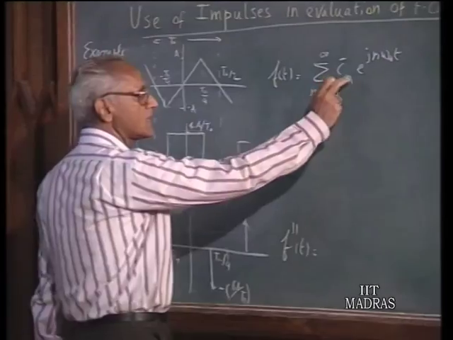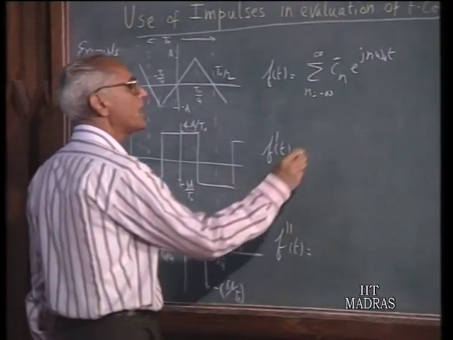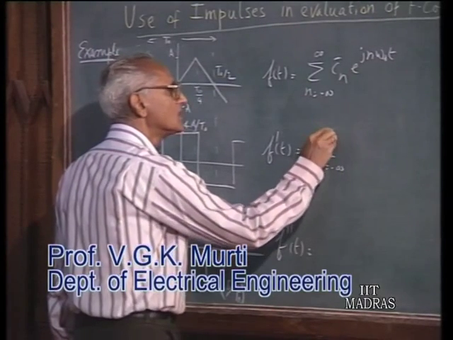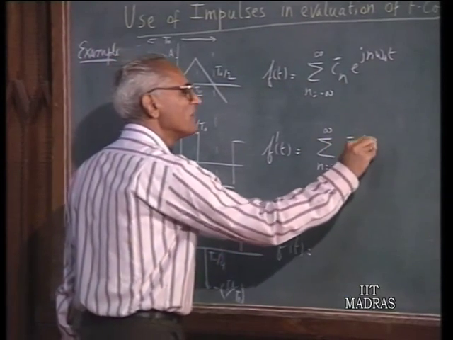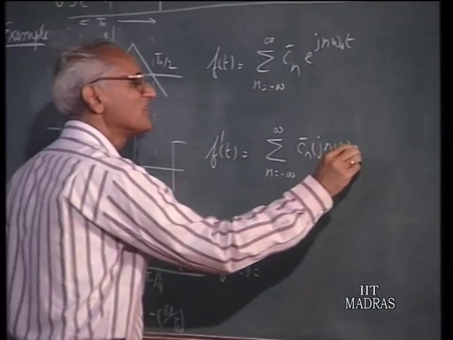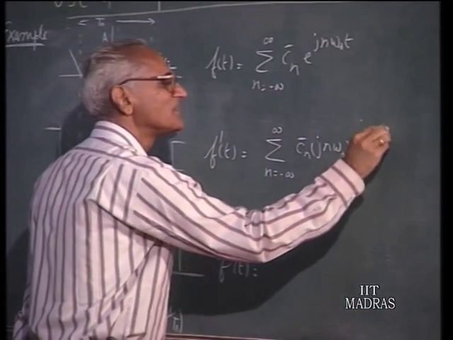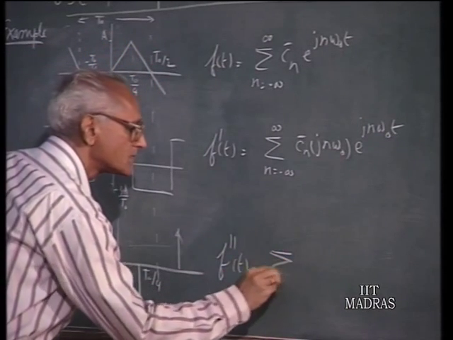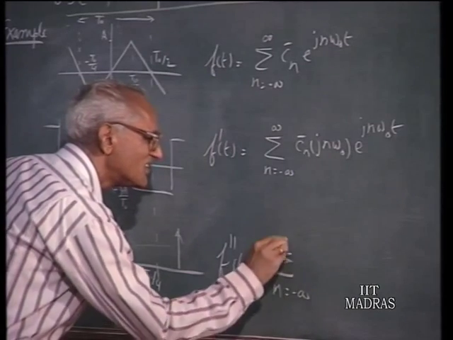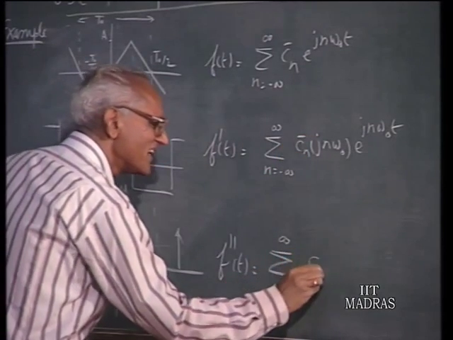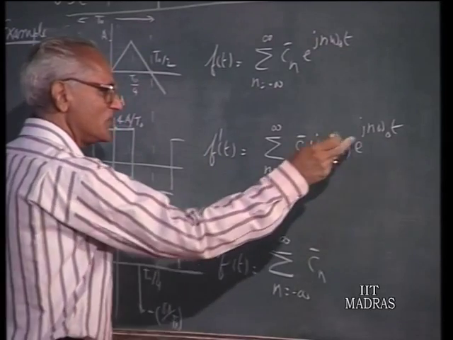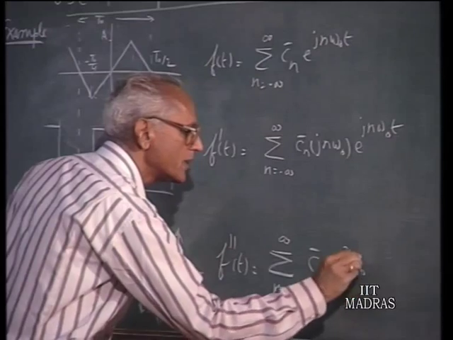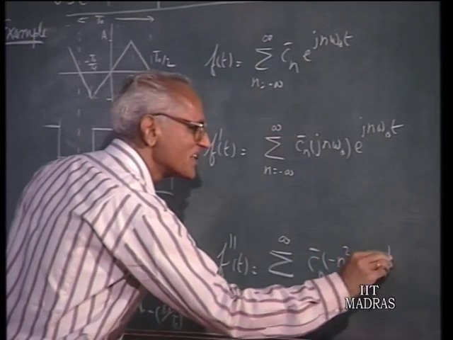So if f t has this Fourier series, f prime t, assuming that we can differentiate under the summation sign, will be Cn Jn omega naught e to the power of Jn omega naught t. If we differentiate again, it will be Cn, again derivative of this. So you multiply with another Jn omega naught, so it will be Cn times minus n squared omega naught squared e to the power of Jn omega naught t.